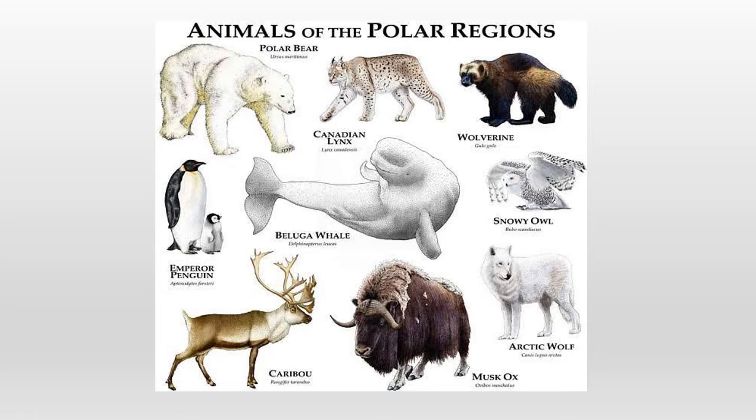These are some animals of the polar region: the polar bear, the Canadian lynx, wolverine, snowy owl, Arctic wolf, Arctic fox is also present, musk ox, caribou, whales, the emperor penguins. The polar bears are found only in the North Pole, whereas the penguins are found in the South Pole.